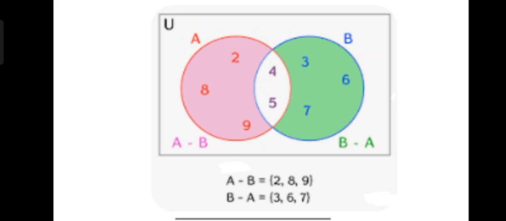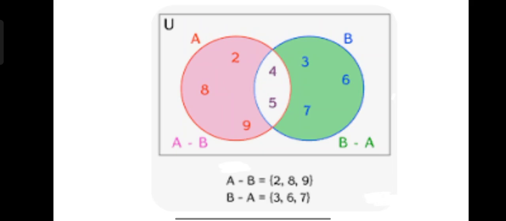So the red colored part represents A minus B, and it contains only 2, 8 and 9. Similarly, the full blue circle represents the set B, and it contains 4, 3, 5, 7 and 6, but the green colored part represents only the part of B from which A is subtracted, so it contains only 3, 6 and 7.